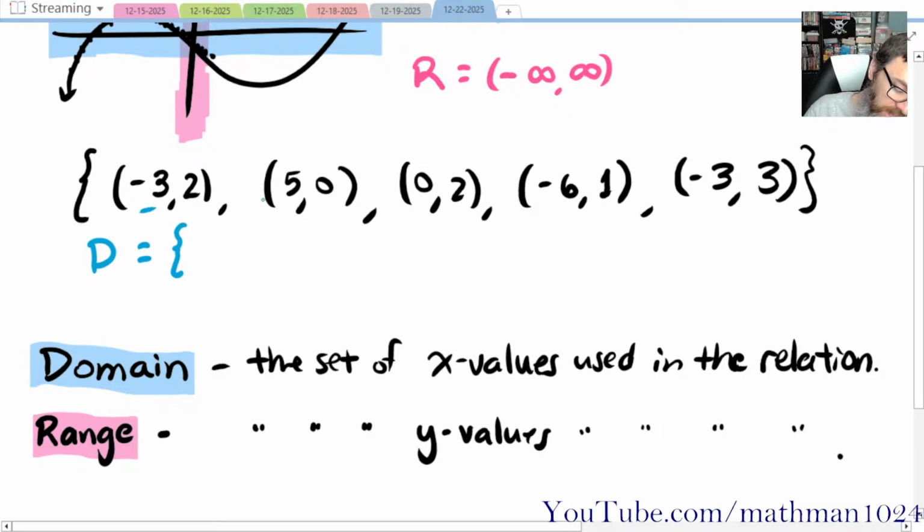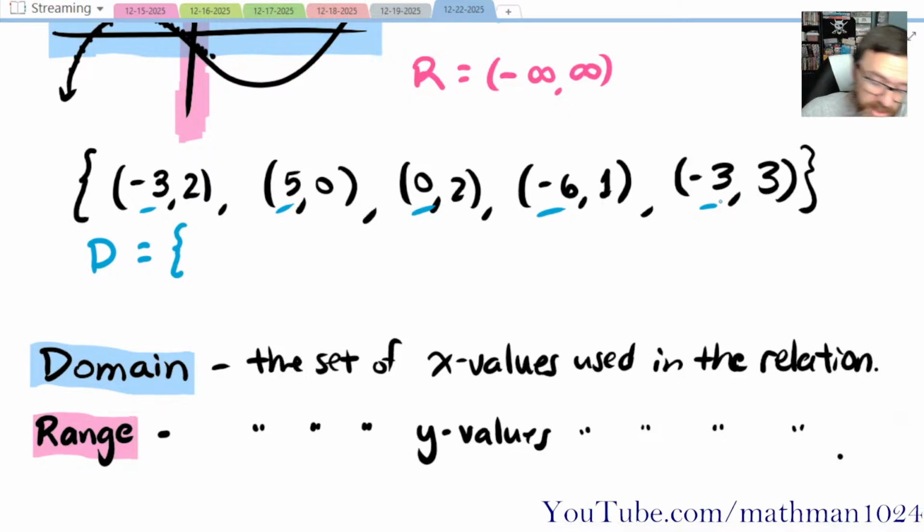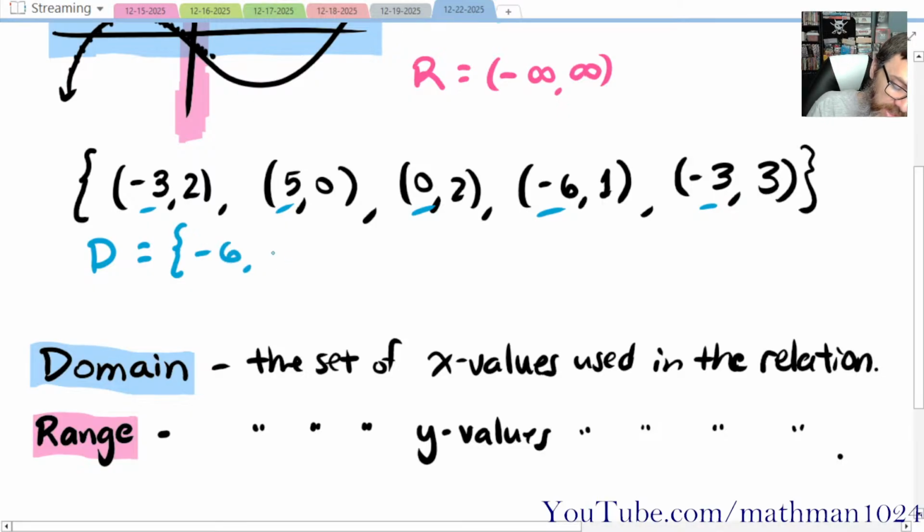So you see that we're using -3, 5, 0, -6, -3. Now, I'm the kind of person who tends to want to put these in order from least to greatest. So I would list this as -6, -3, 0, and then 5.